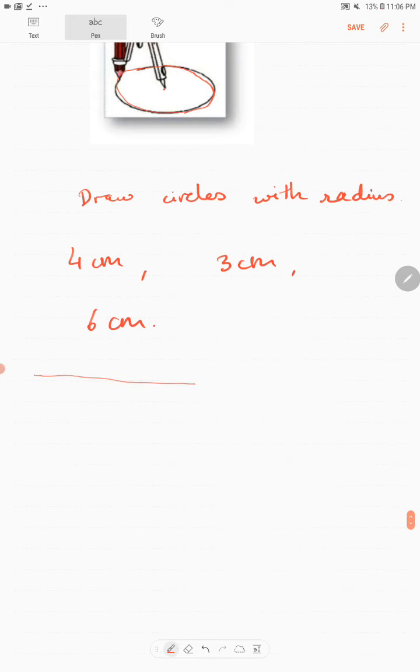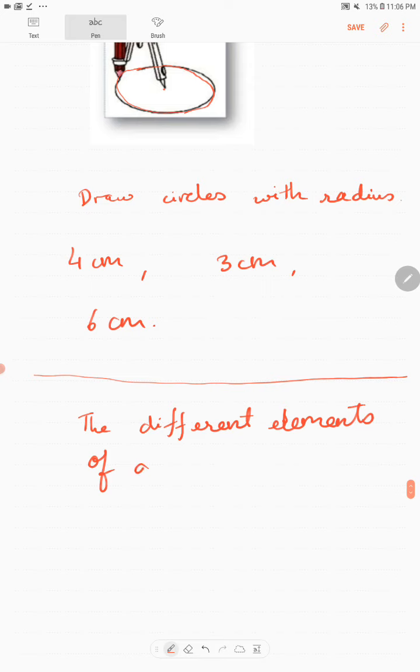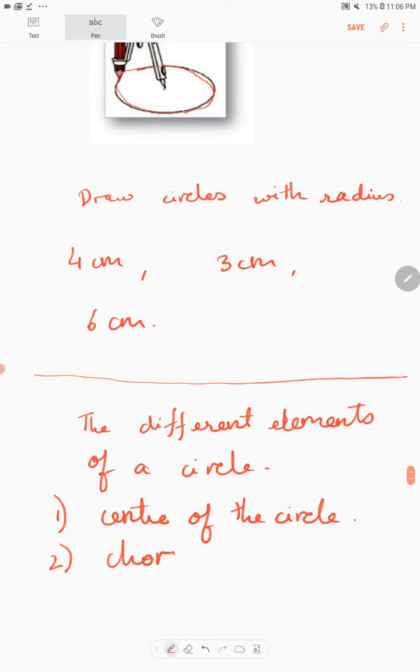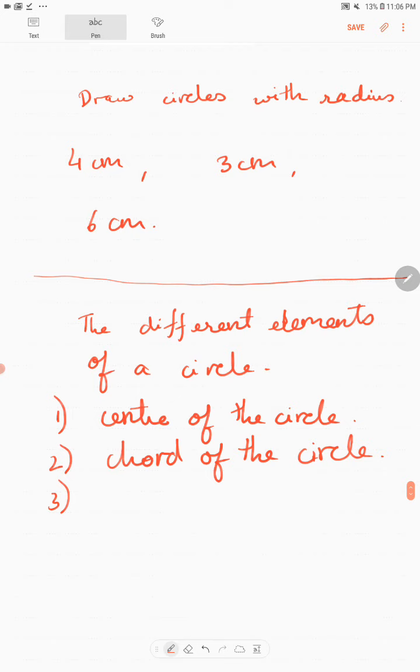Okay. So in this lesson, in this part, what did we see? We saw what the different elements of a circle are: the center of the circle, the chord of the circle, next we saw the diameter.